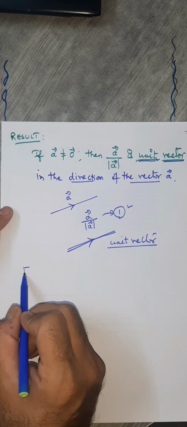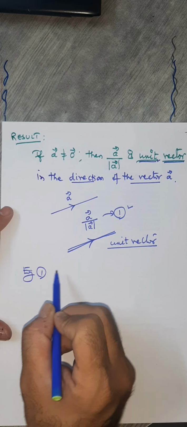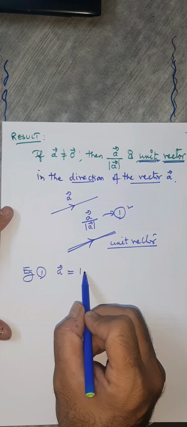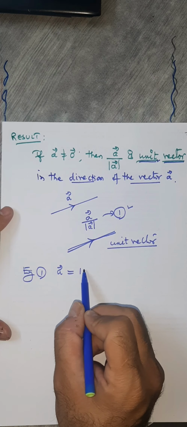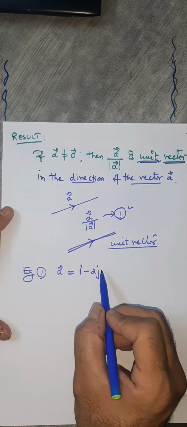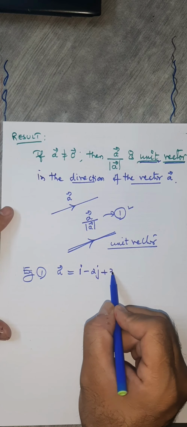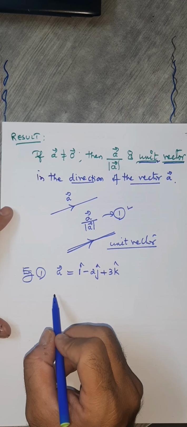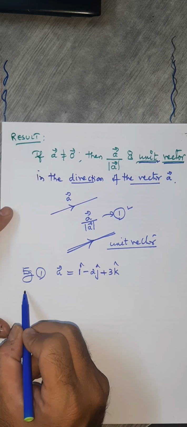So like this, if I take an example, one vector, suppose I'm taking i minus 2j plus 3k. You can write cap here, right? What's the question? The question is this here.